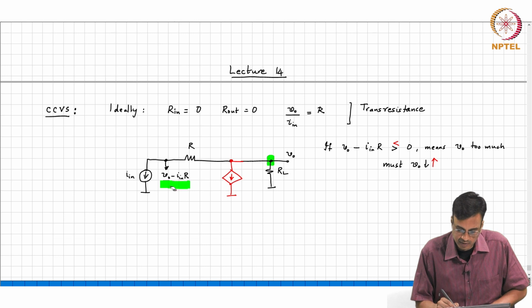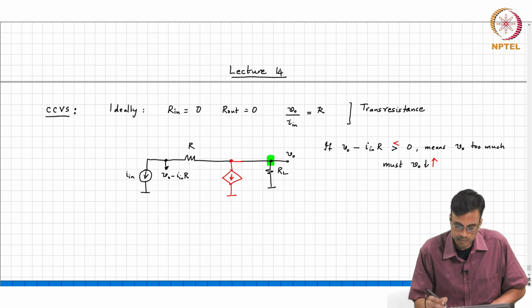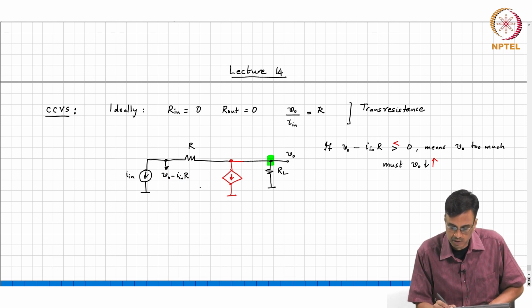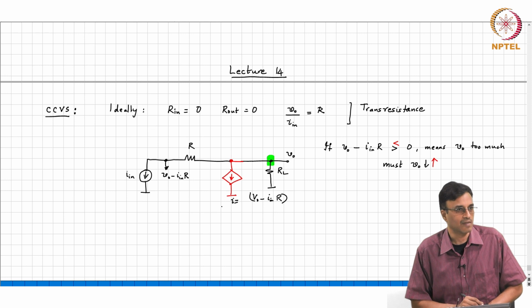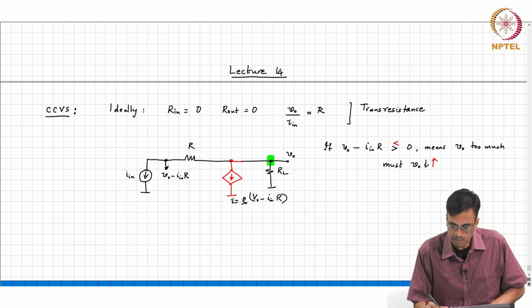So, this current here must be proportional to V naught minus In times R, and the constant of proportionality must have dimensions of conductance, some Gm.